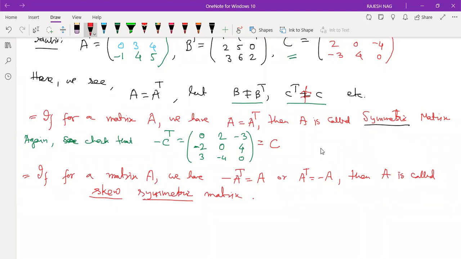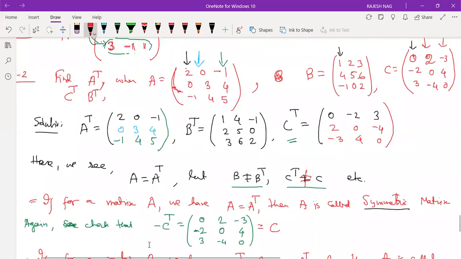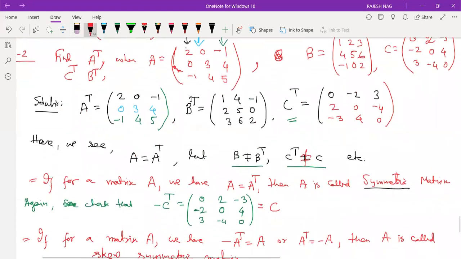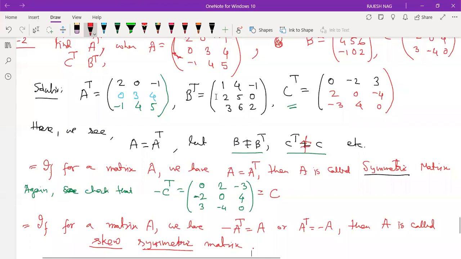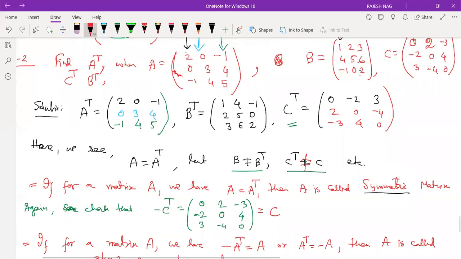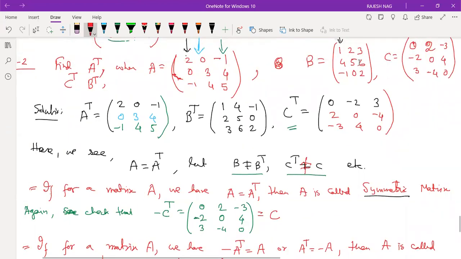Luckily, in our example, this is the B matrix, and B is neither symmetric nor skew symmetric. So there is no rule that a matrix must be symmetric or skew symmetric. Maybe it's symmetric, maybe it's not, maybe neither symmetric nor skew symmetric.